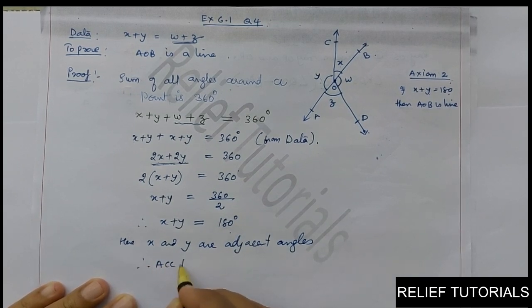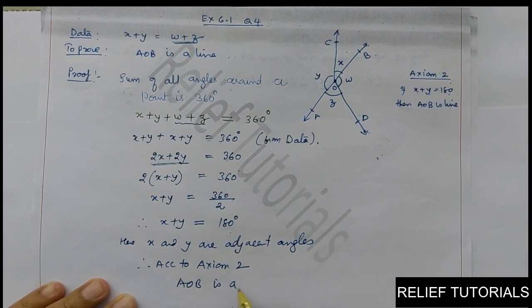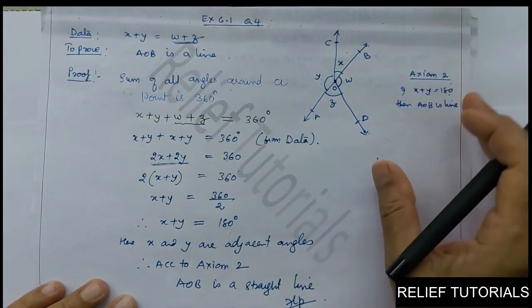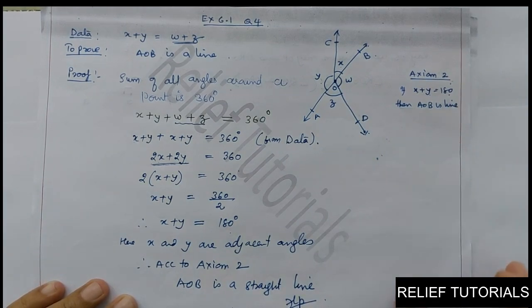Therefore, according to axiom 2, AOB is a straight line. Hence, proved. So very simple. We have proved it by using axiom 2.